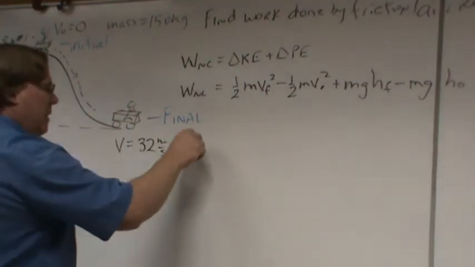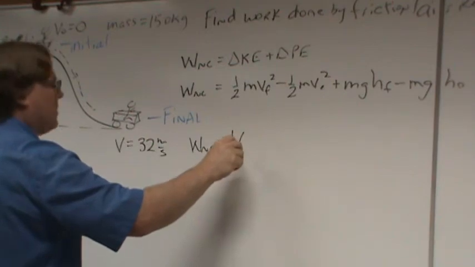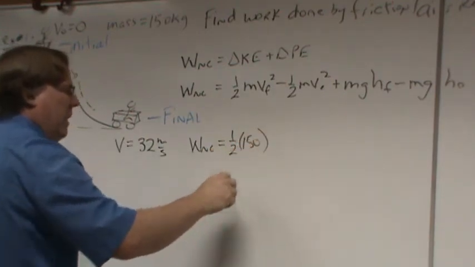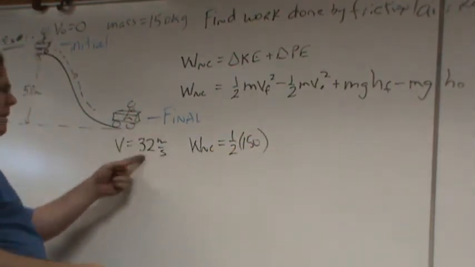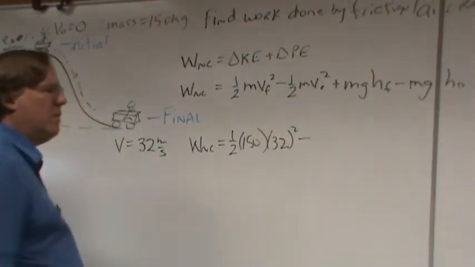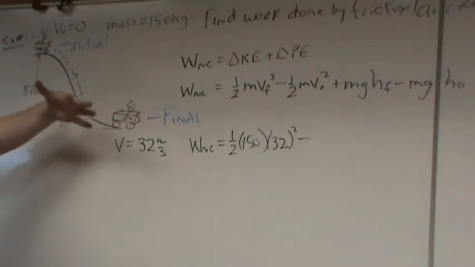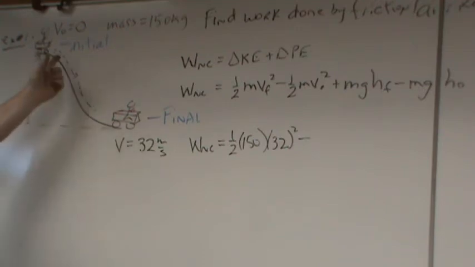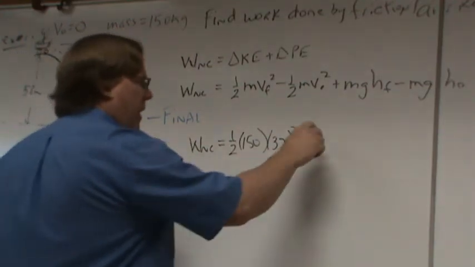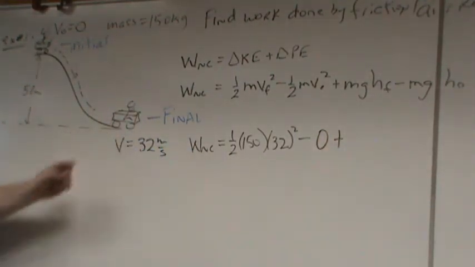Now let's plug in: 1/2 times 150 times the final velocity, 32, squared, minus, what's my initial kinetic energy? You guys getting 0? Do I have to put 1/2 times 150 times 0, or can I just put 0? Okay. What's my final gravitational potential energy?